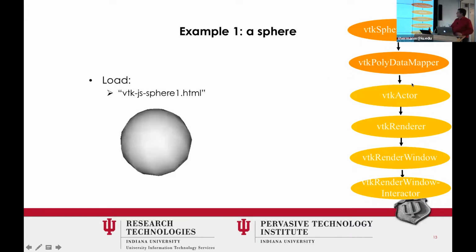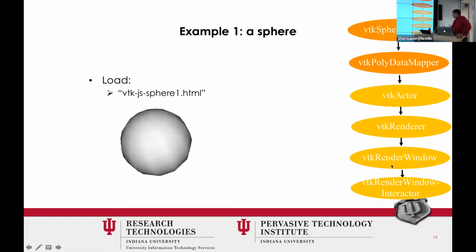And I have these two colors here. VTK makes kind of a break here between the geometry and the rendering of the geometry. And so an actor basically has some properties that get applied to the geometry, like how it's lit, maybe what colors they are. And so the actor then is actually the part that's rendered, and the connection between these is slightly different in the code as well.